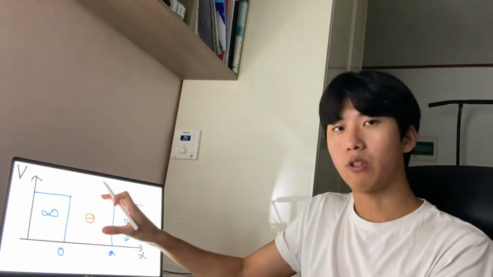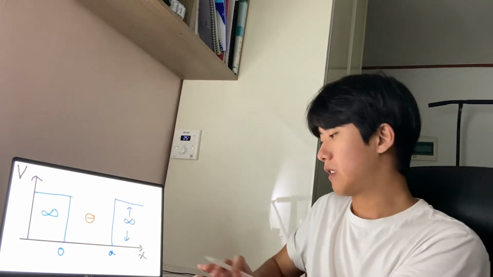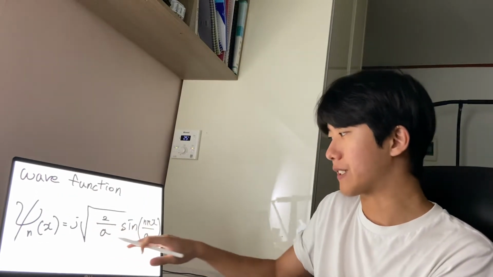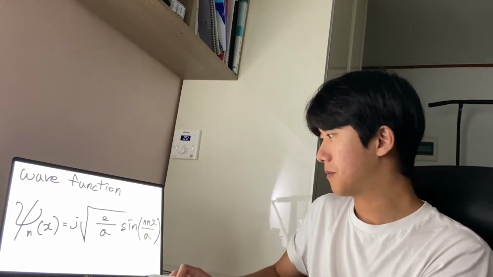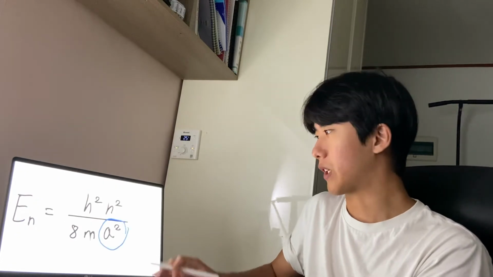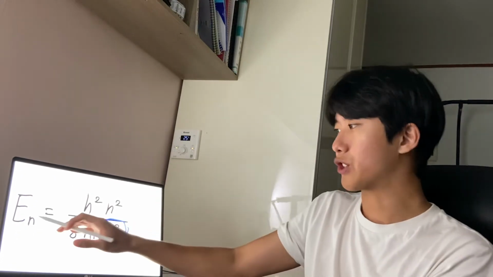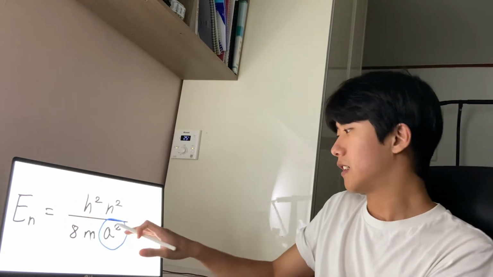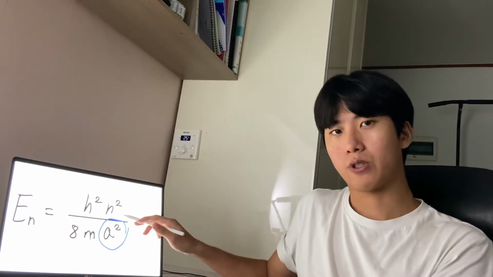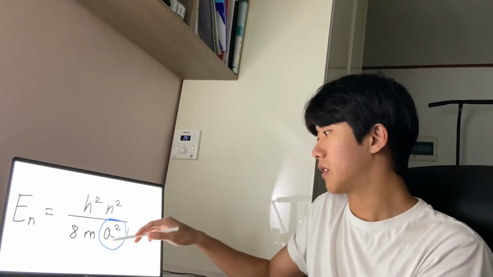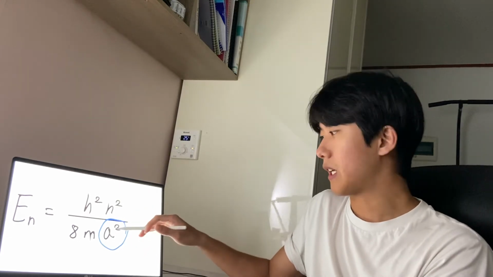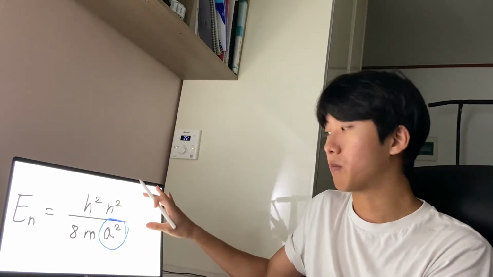To calculate this tool we can get the wave function like this, and we can also get the energy of each level, and we should concentrate on this symbol, 1 per a square.